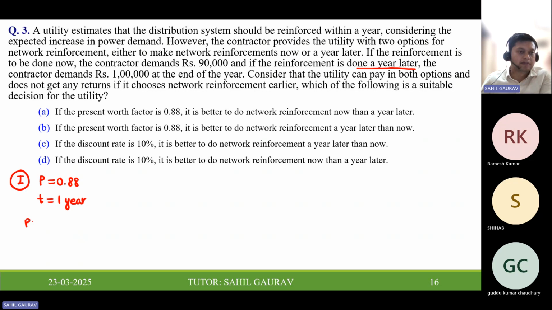So we know that present worth is future worth into P to the power T. So the future worth, the present worth we have given, present worth is 90,000, and P to the power T is 0.88. So future worth is rupees 1,02,272.